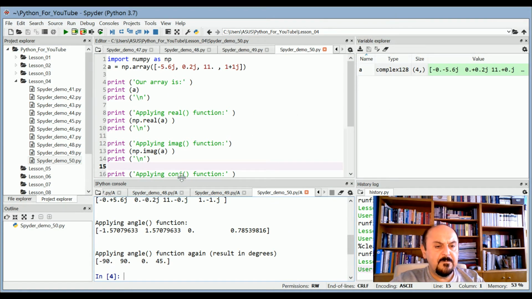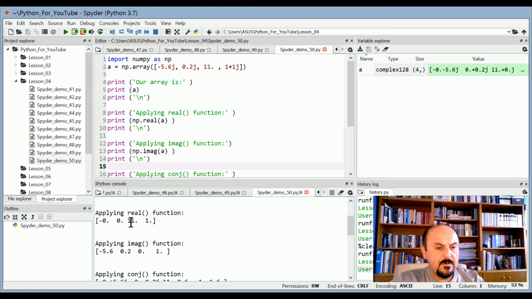Okay, this is the real part. Here there is no real part, 0 stands for it, and again there is no real part. The real part is 11, and the real part is 1. And how about the imaginary part?